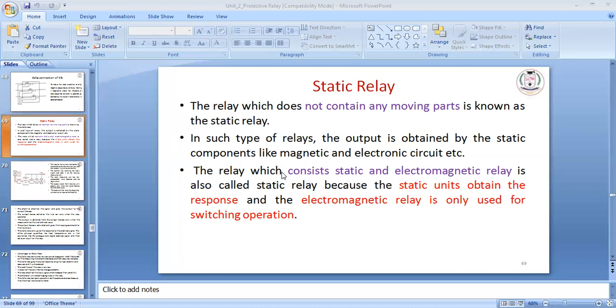This is the general process used with the electromagnetic relay or induction type relay. There we have movement, a dynamic nature. That relay works with a dynamic nature. But here we will be using the static nature of relay, which means there won't be any movement.